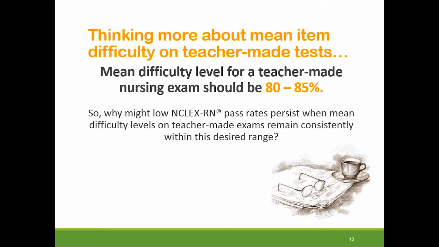So what I would do first if I was seeing this kind of pattern, I'd go back to my exams. I would really look hard at the items that were in use and make a decision: am I incorporating too many items at the knowledge and comprehension level and not enough items at the application and above level? So your first action may be to replace items at the knowledge and comprehension level with application and above items and see what happens.